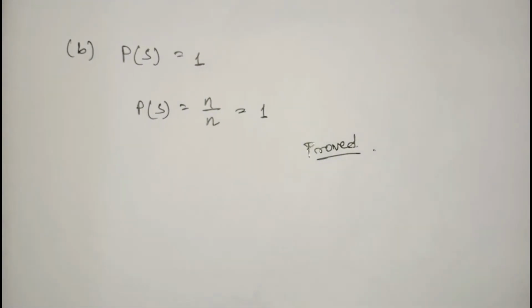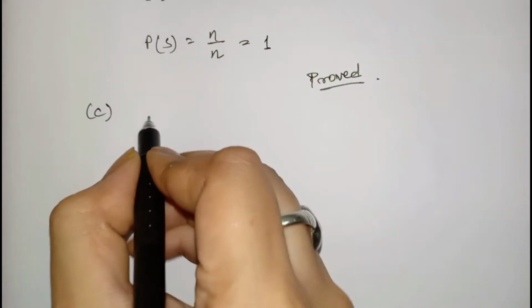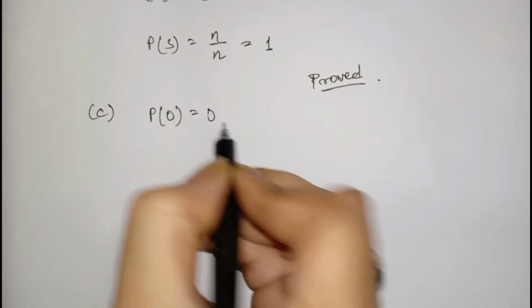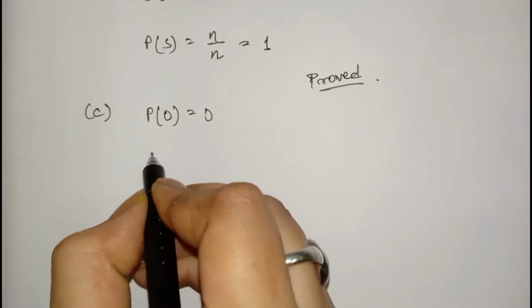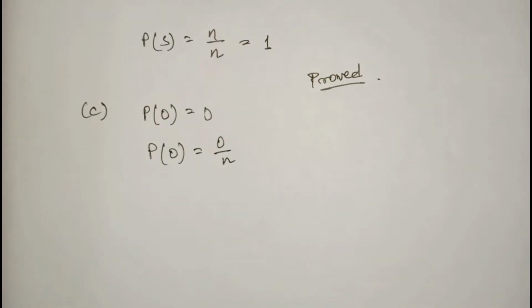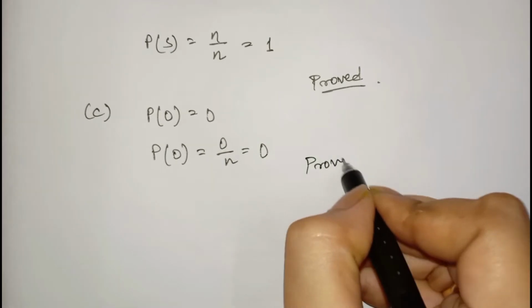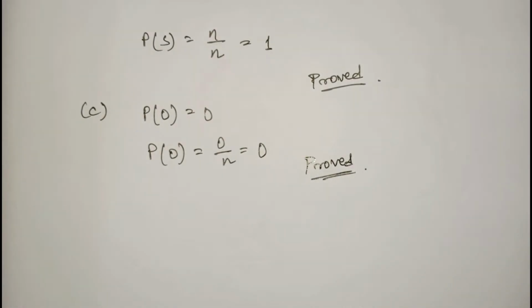Hence proved. The third deduction is P of O equals 0. Now for this one we may take 0 by n. So this gives us 0, which is proved.